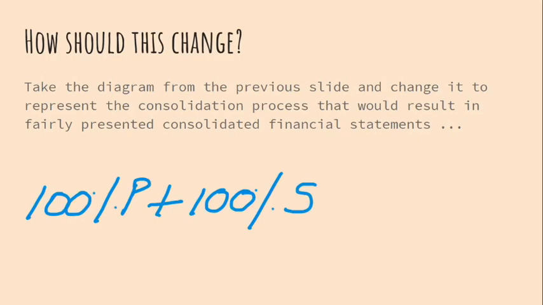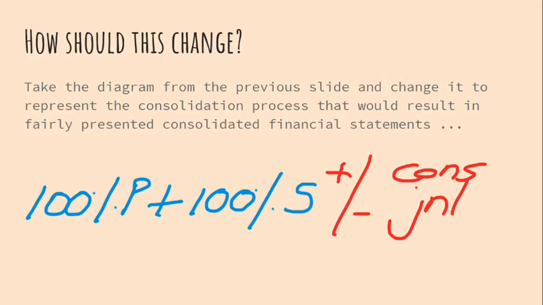But then you would have to adjust those combined numbers through your first step, 100% P plus 100% S, with the effect of your consolidation journal entries. Once you've adjusted the combined numbers of P and S with the effect of the consolidation journal entries, then you can conclude that you have group statements that is a fair representation of this economic event as if it's one single economic entity.